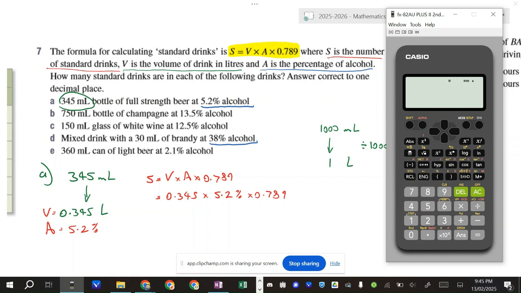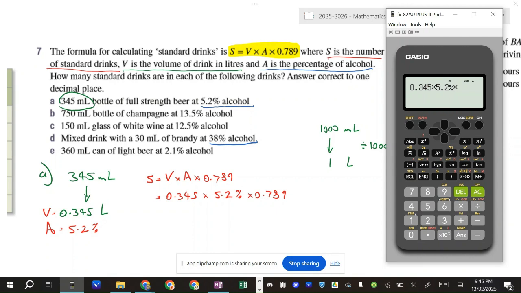So what we're going to do is we're going to double check and make sure that this is giving us the right answer. So I've got 0.345 times 5.2, and I'm going to put in the percentage. Oh, I didn't put it in at all. So 0.345 times 5.2, and I'll put in the percent.